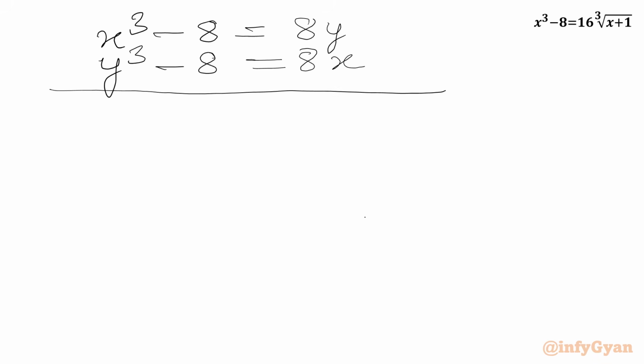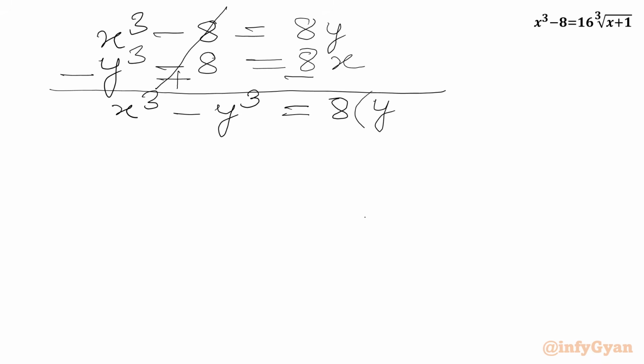Let's subtract the second equation from the first one. Plus and minus 8 will cancel. We will write x cube minus y cube on the left hand side, and 8 is common, so y minus x on the RHS. This will be equal to minus 8 times x minus y.